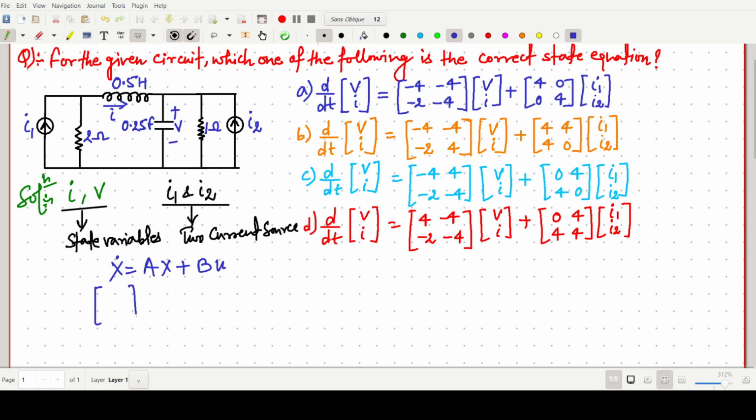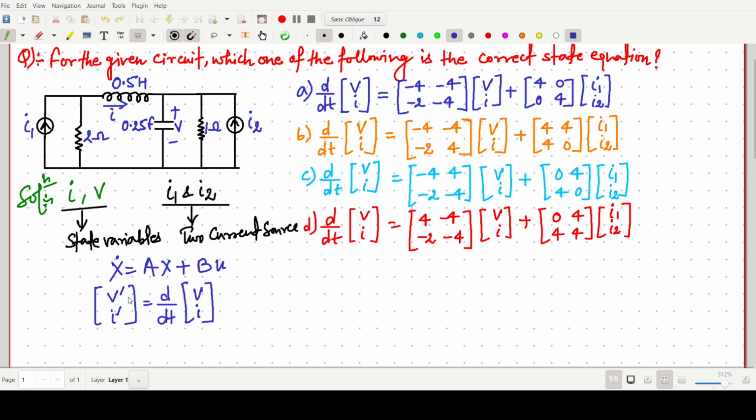Here, for the x dot, in the options it is written as v dash, I dash. So this should be v dash and I dash, or in terms of d by dt, we have to write [v, I].